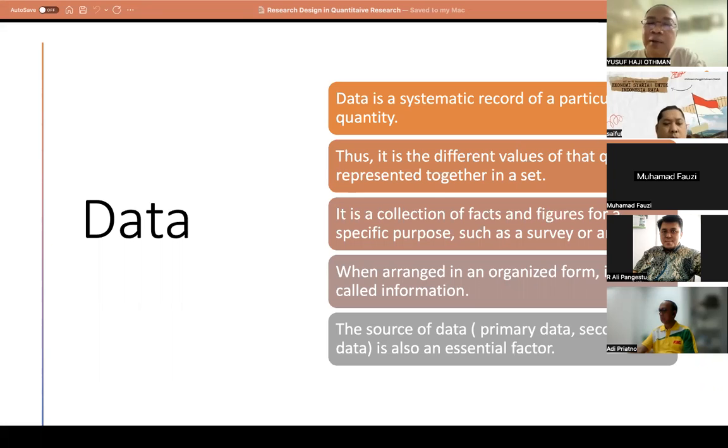To me, sometimes I'm scared when my students say I want to use secondary data. I'm worried, not scared. I'm worried because the problem with secondary data is that there is some data that is missing, and it's kind of difficult when it's missing.